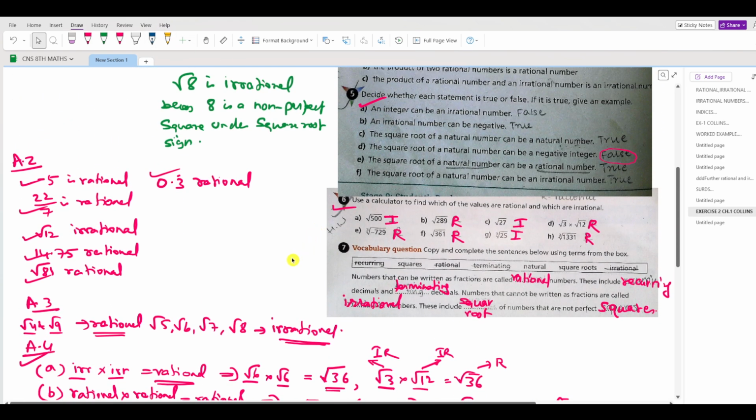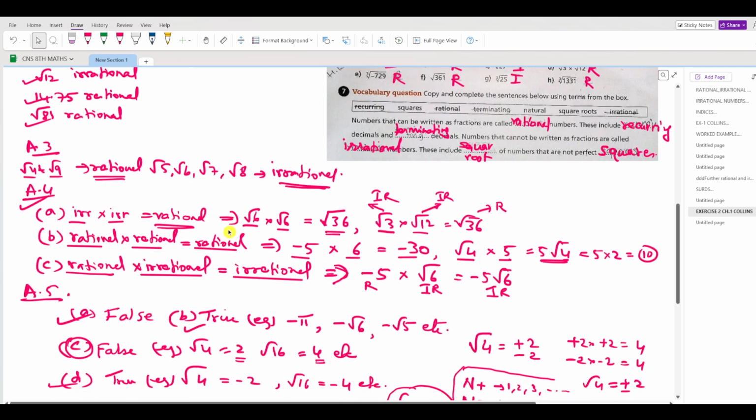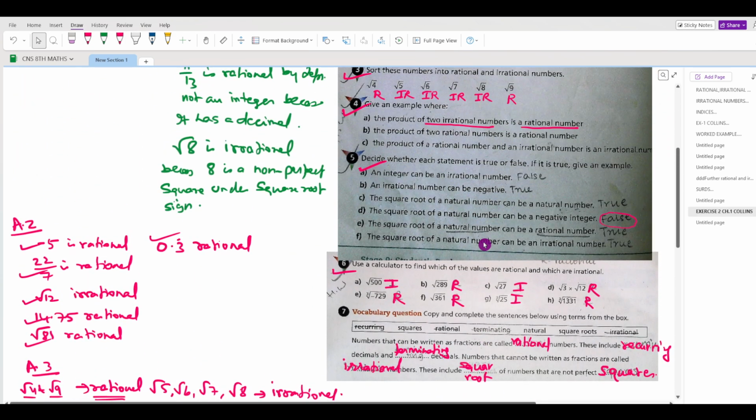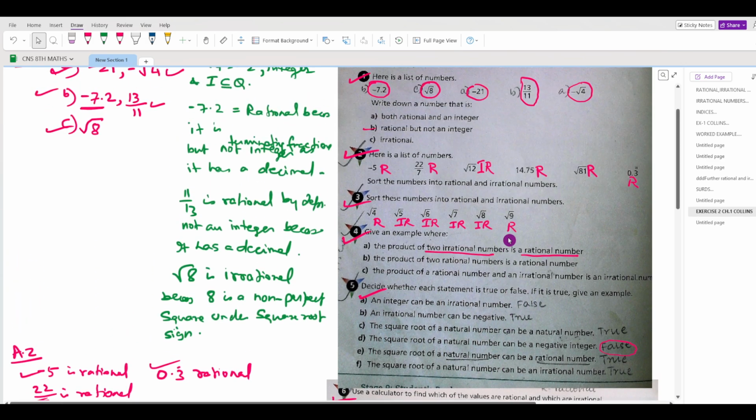So you are getting a number which is a terminating decimal. Can you see 22.3607? Now this is a terminating fraction, right? Terminating fractions are rational, so you can treat this as a rational number. Which one?